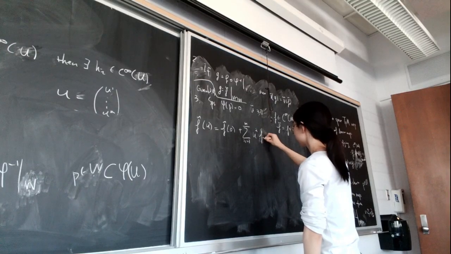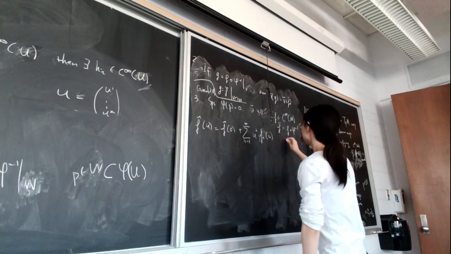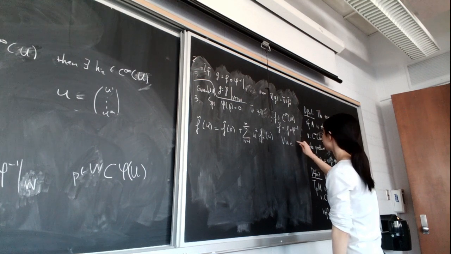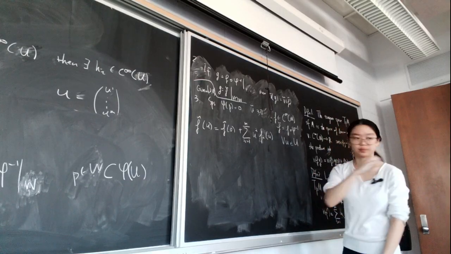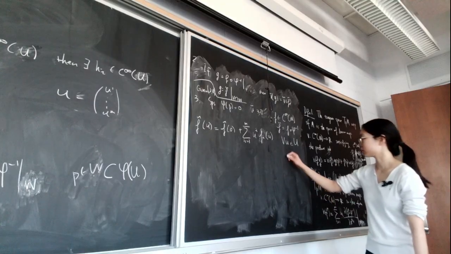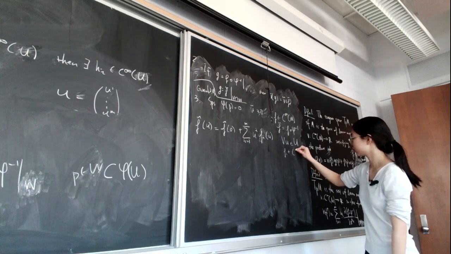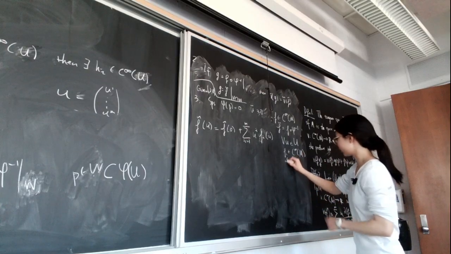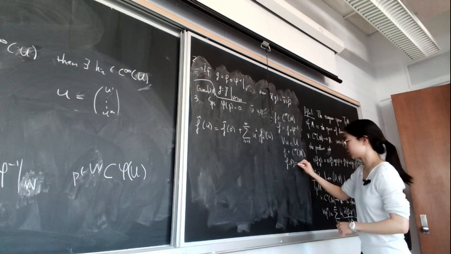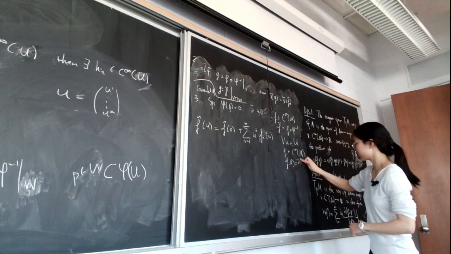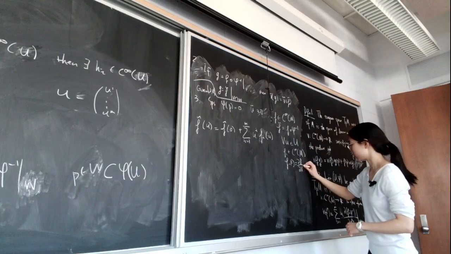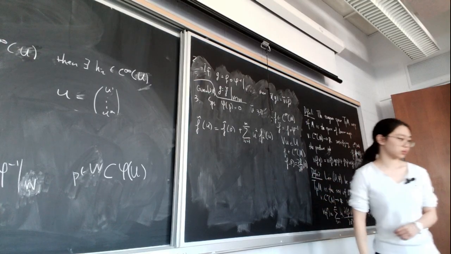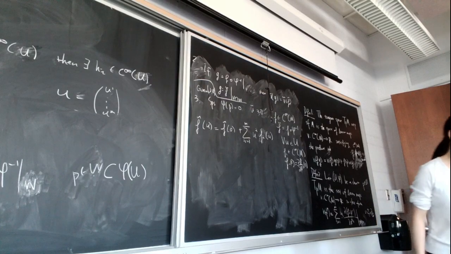And then each f_i is a smooth function on M. And we also have f_i at 0 is equal to partial f partial x_i at 0.